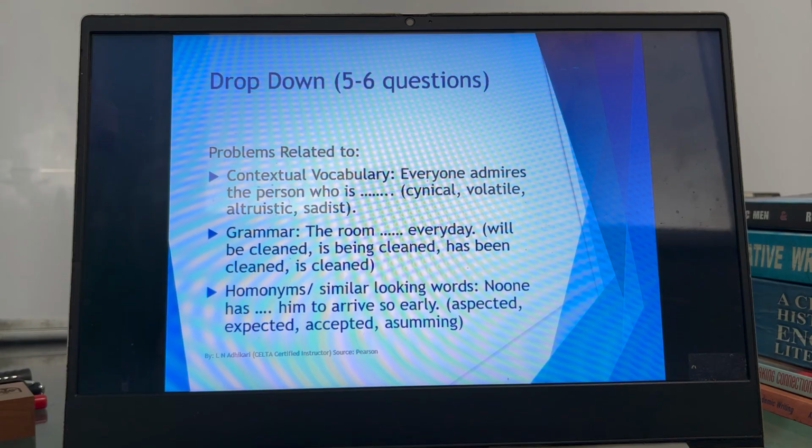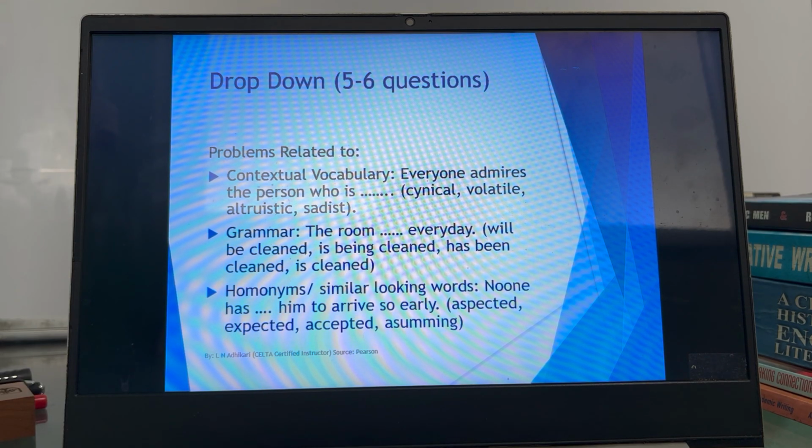You will see problems related to contextual vocabulary, whether you understand the context of the sentence and choose the word that fits in the context, like everyone admires the person who is ... If people admire the person, obviously the person should have a positive attribute.